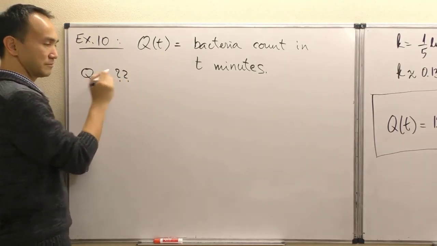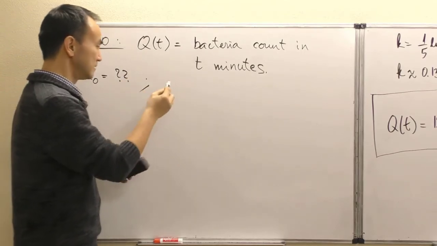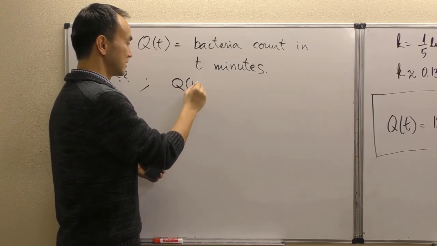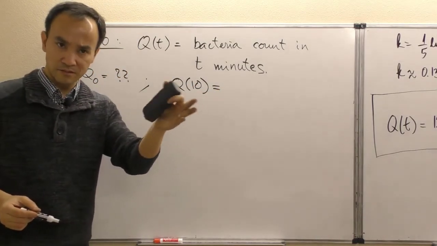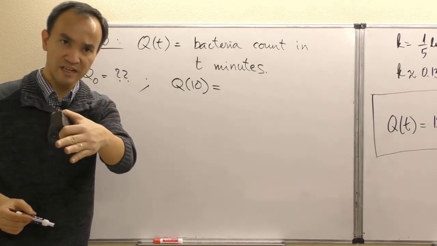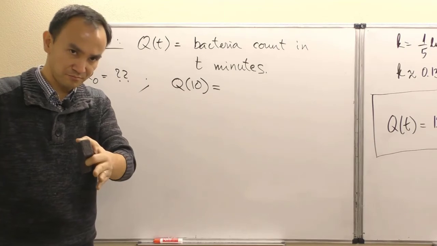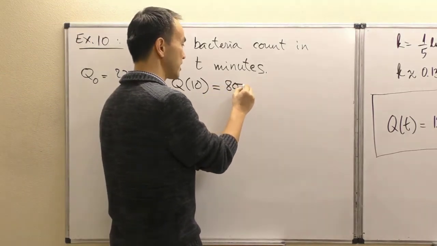We don't know that information. But on the other hand, we actually know Q of 10. The count grew to 800 after 10 minutes, whatever the starting amount. So we have this information, and we can note it down right there.